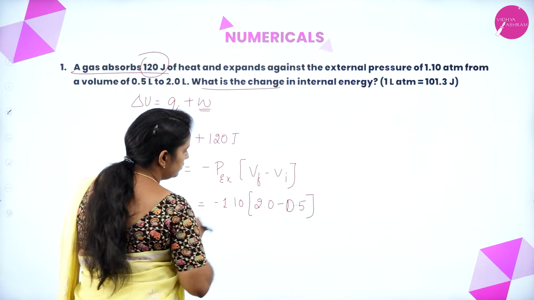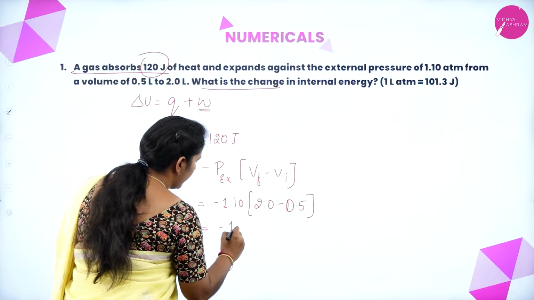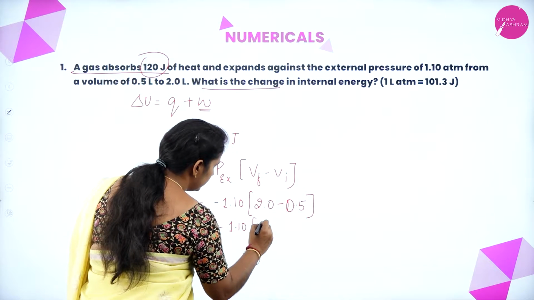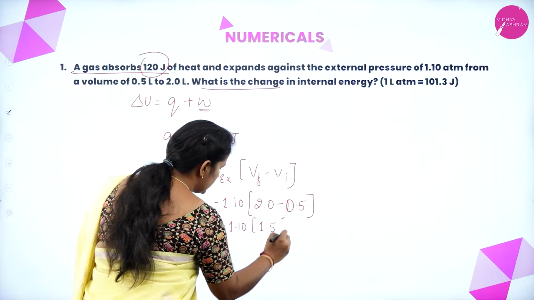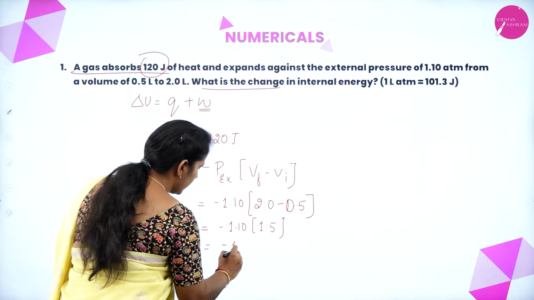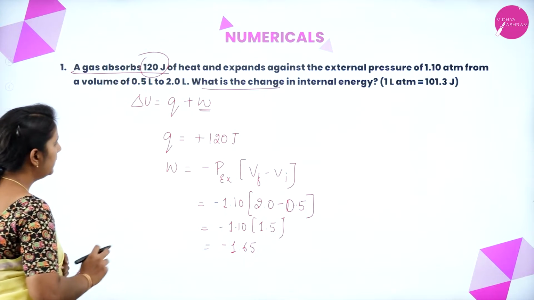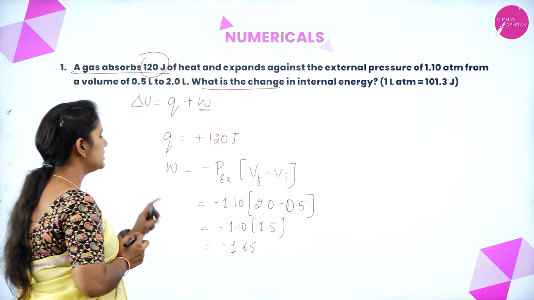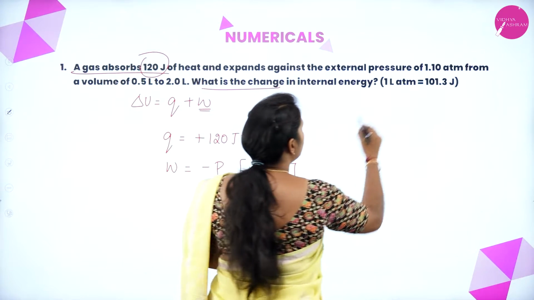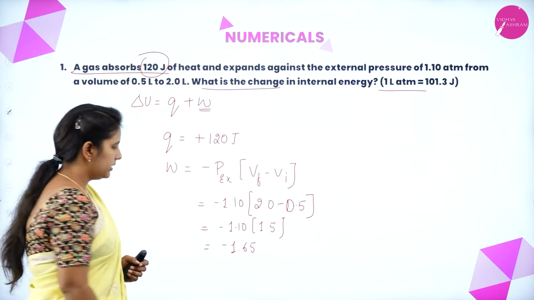So 2 minus 0.5 is 1.5. So you will get minus 1.65 liters.